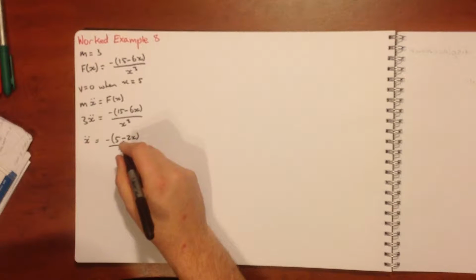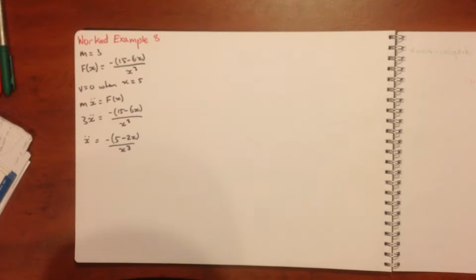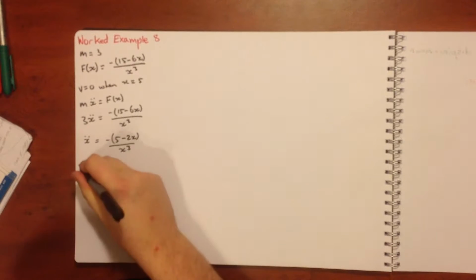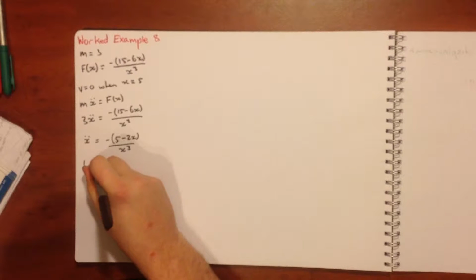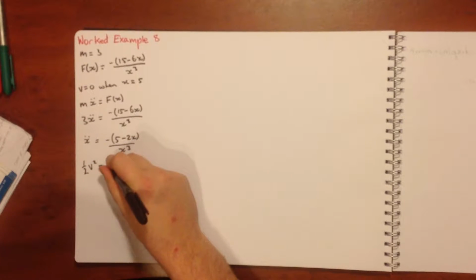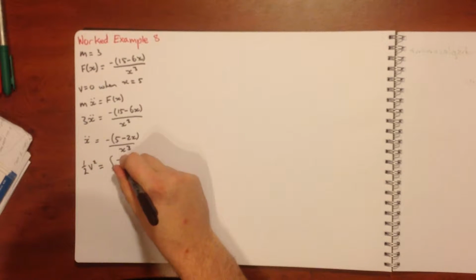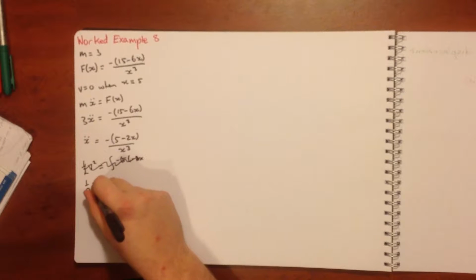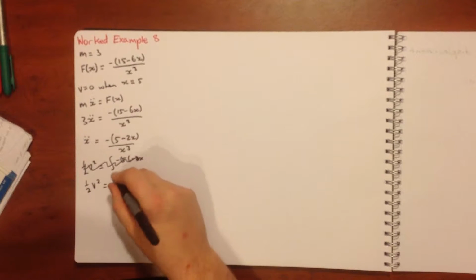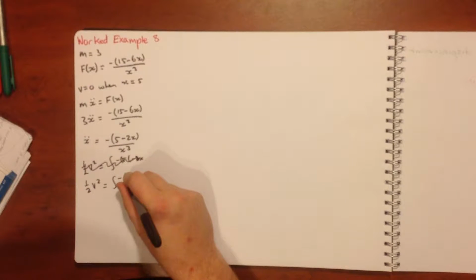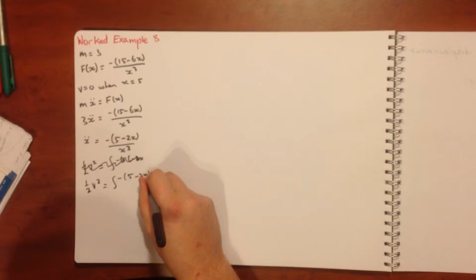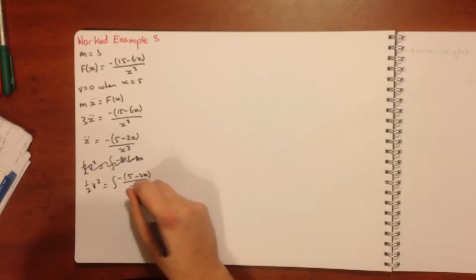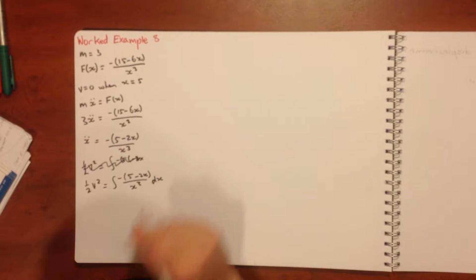When we integrate that, a half v squared is equal to the integral of negative (5 minus 2x) over x cubed dx.